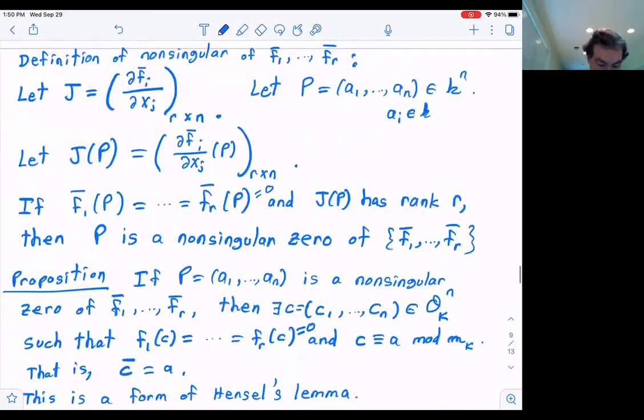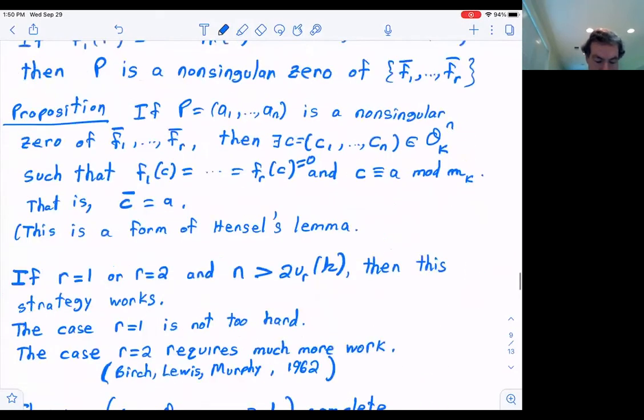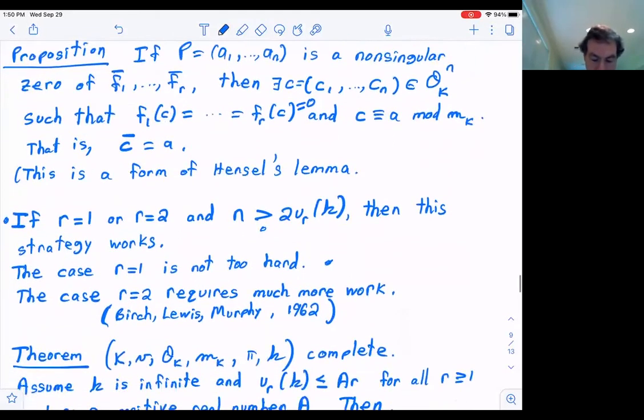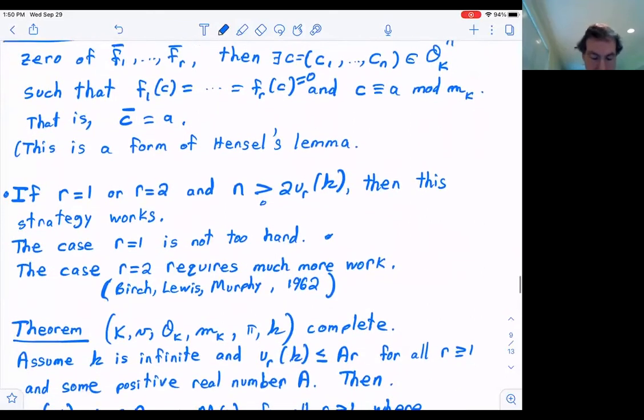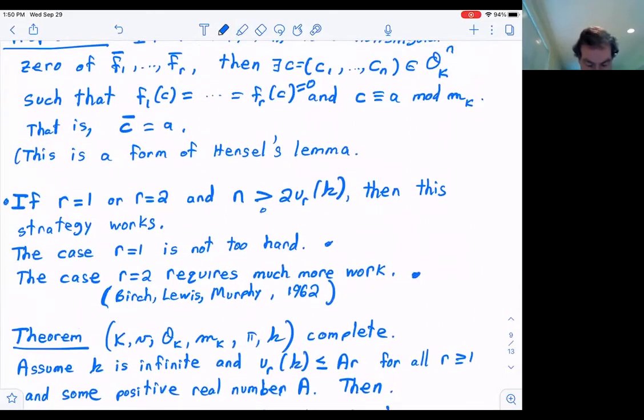I'm going to say that if R equals 1 or 2, and n is bigger than this number here, this strategy works. If R equals 1, it's not too hard to argue that there's a non-singular zero. If R equals 2, the same strategy worked, but it requires much more work.